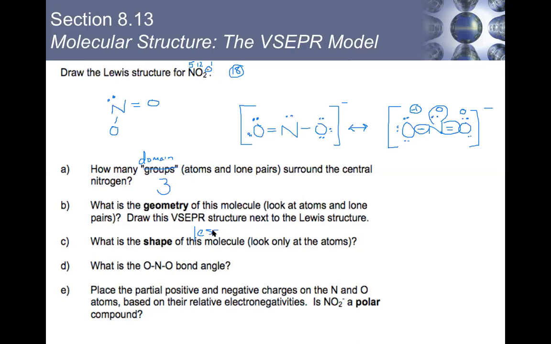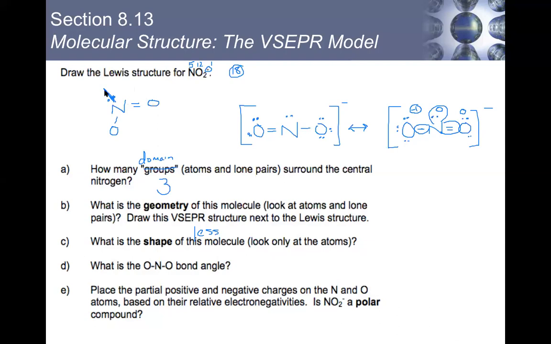Why? Because if this was a single bond, it would be trigonal planar, 120 apart, right? So 120, 120, 120. But it's not a single bond. It's a lone pair. And so instead of being 120, it gets pushed a little bit in, and that makes it less than 120.